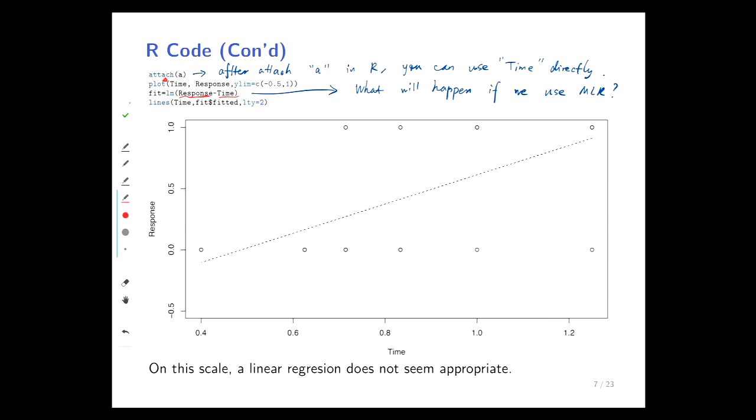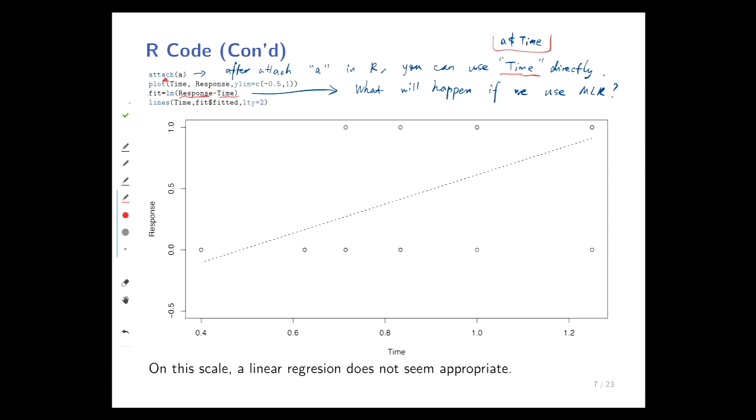Remember that in the old examples, we did not use this attach(A). We always needed to use $time to call a column in this data set. But the best thing about attach(A) here is that after we use it in R, we can just use some variable directly without specifying $. So that sometimes makes it convenient.